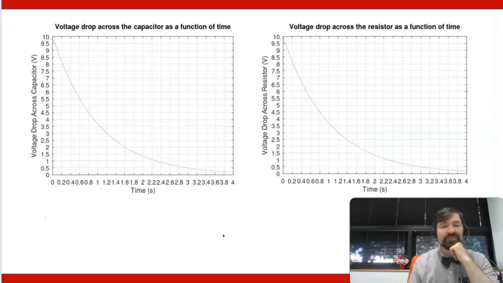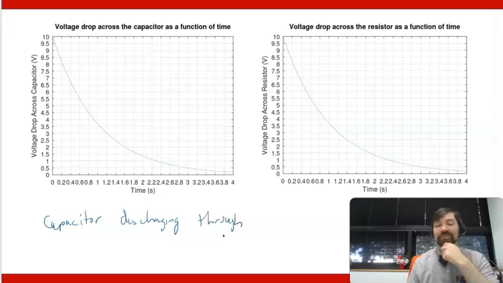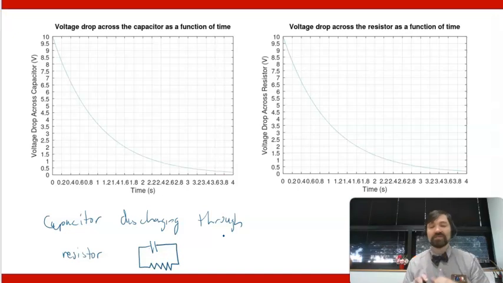So this is for a capacitor discharging through a resistor. And they are, again, identical to each other for this simple circuit because of the loop rule. So you have, again, presumably a circuit looking like this.